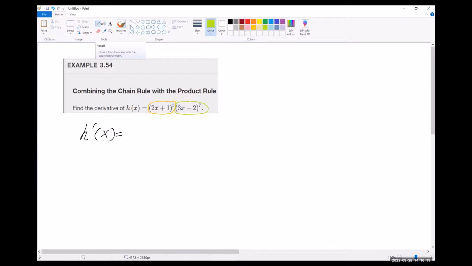So the way I'm going to do it is, for the product rule, what you have to do is you take your first function, and you take its derivative, and you leave the second one alone.